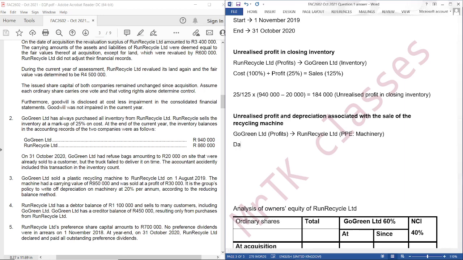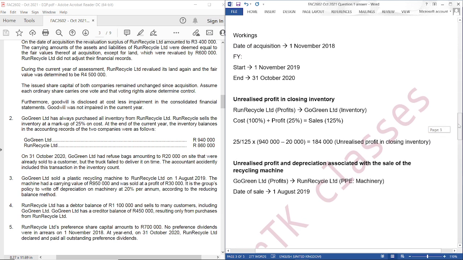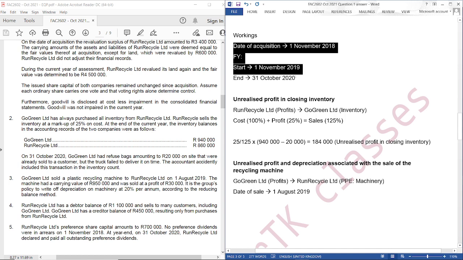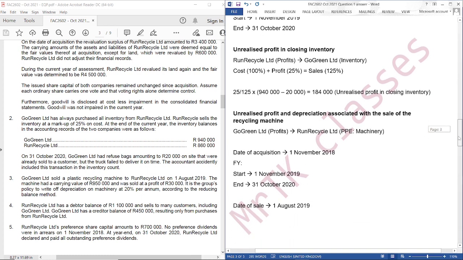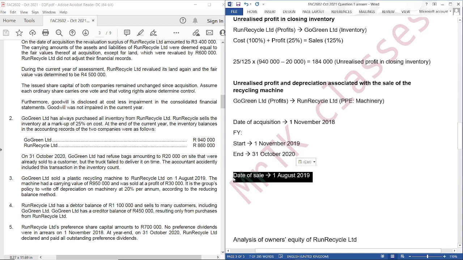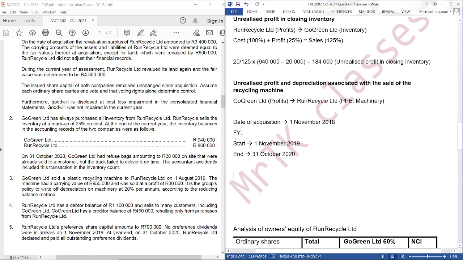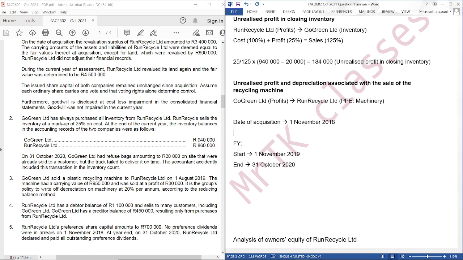Go Green Limited sold a plastic recycling machine to Run Recycle Limited on 1 August 2019. Date of sale, 1 August 2019. This is between the date of acquisition and the beginning of our financial year.